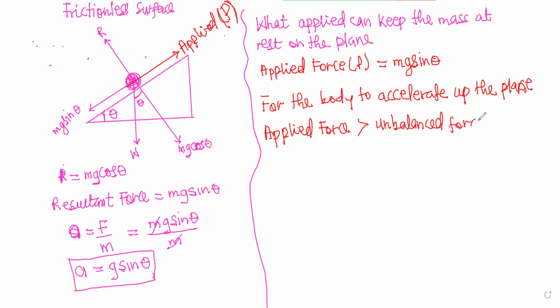Now the difference between the applied force and the unbalanced force would be equal to what? Farida? Zion? The difference between the applied force and the unbalanced force must be equal to what?